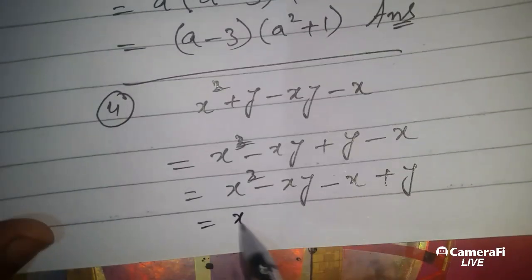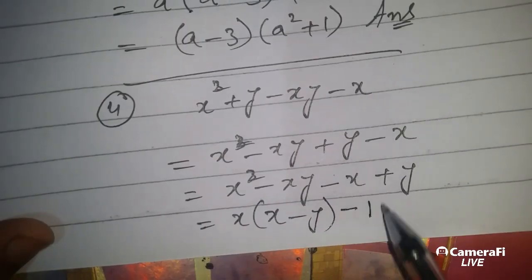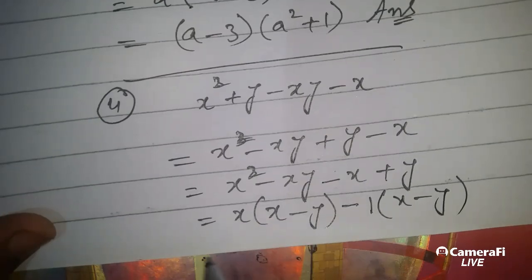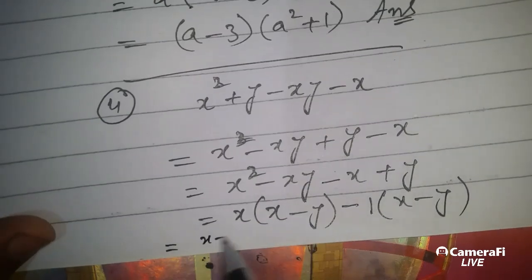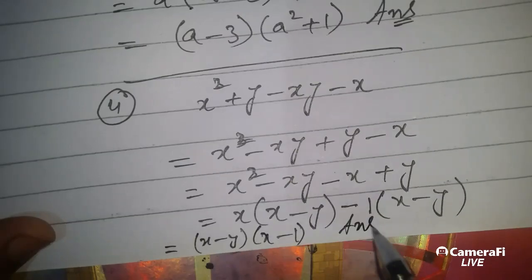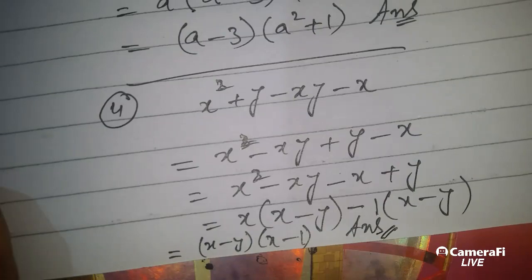Now x can be taken as a common factor. So what is left? x minus y. From here minus can be taken as a common factor, and what is left is x minus y. So x minus y into x minus 1, that is the answer. Let's move to the next question.